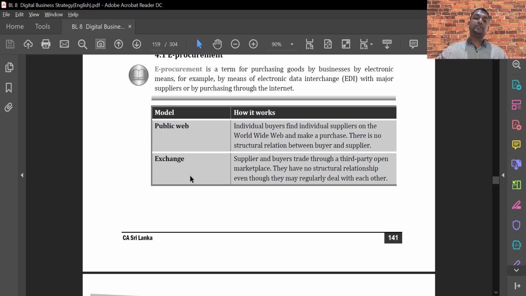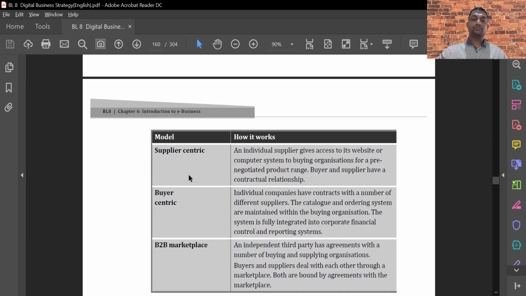It's not a publicly available marketplace, but some other organization is running a marketplace, so buyers and sellers can have their dealings there, but they still do not have a relationship with each other.